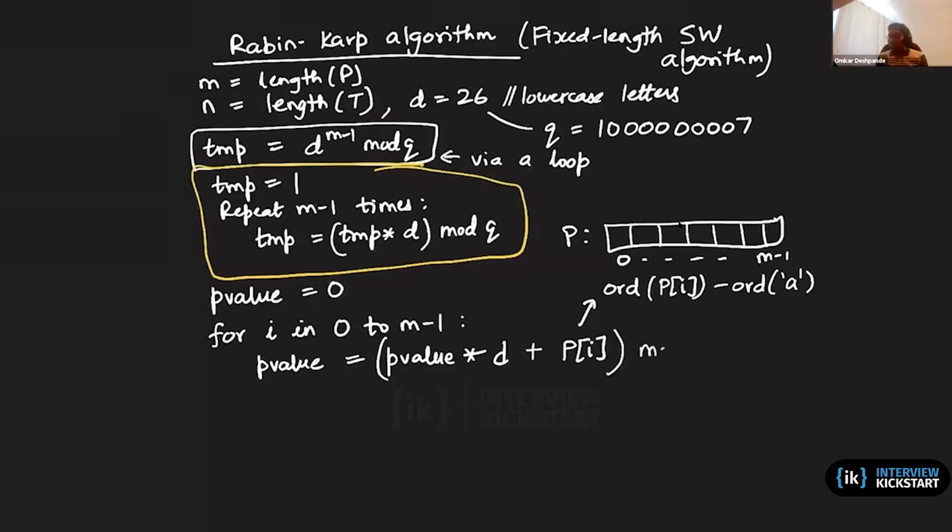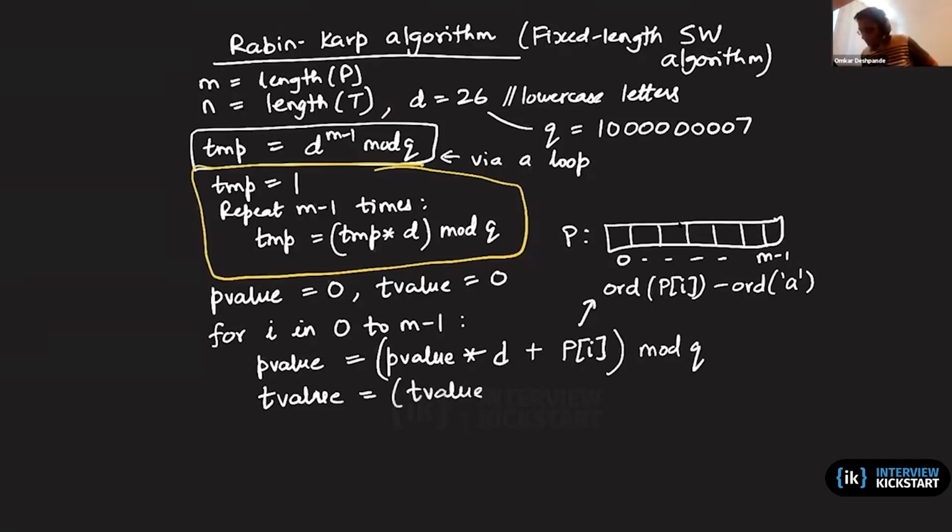Since we are working in the mod q system, we'll keep taking a mod q after every operation. Now we could do the same thing with the text, namely the leftmost substring of length m in the text. So the leftmost substring of length m can also be calculated in this way.